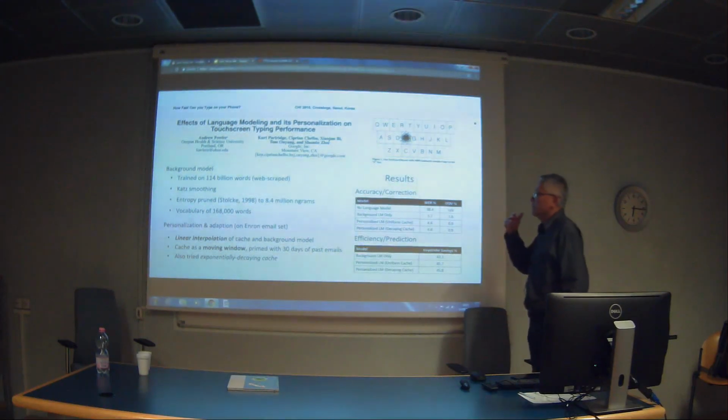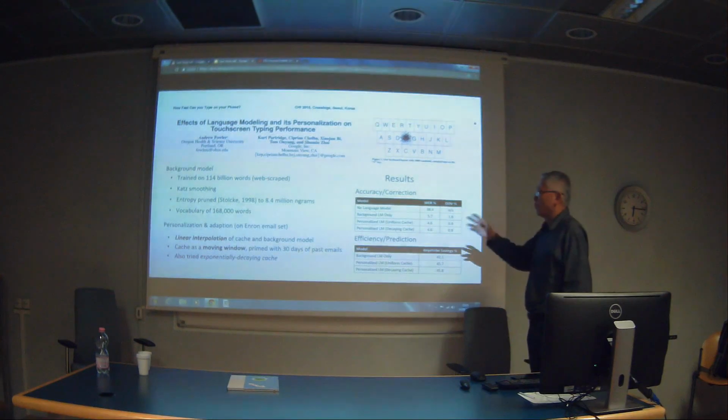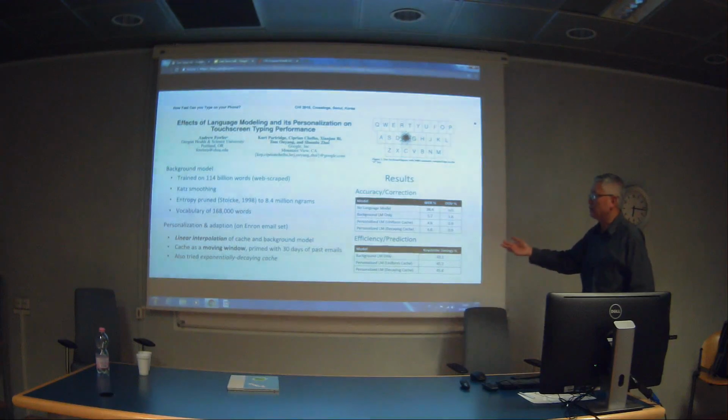In this case, the text is all the words typed in the Enron corpus. It's a whole company that got forced to publish their email history due to litigation. And that became a gold mine for NLP and many other domains.